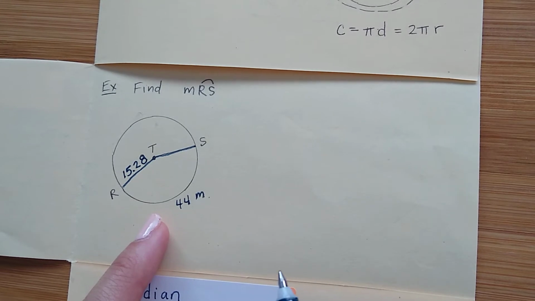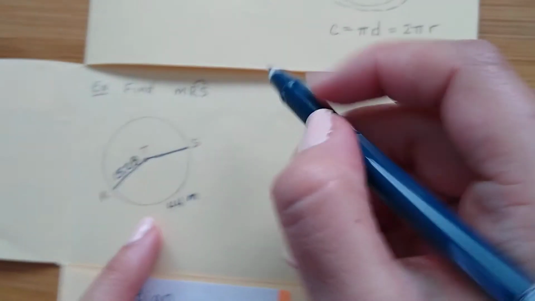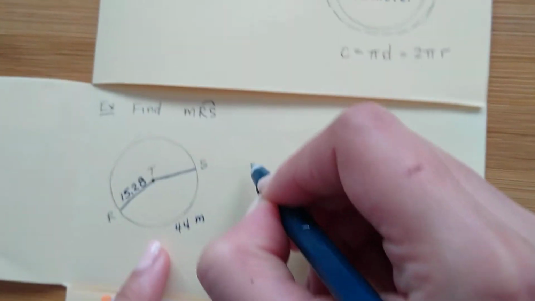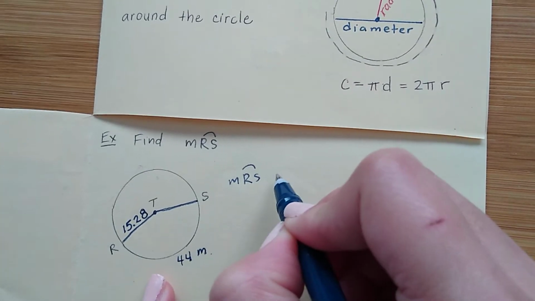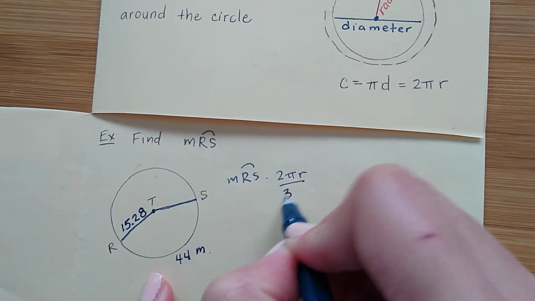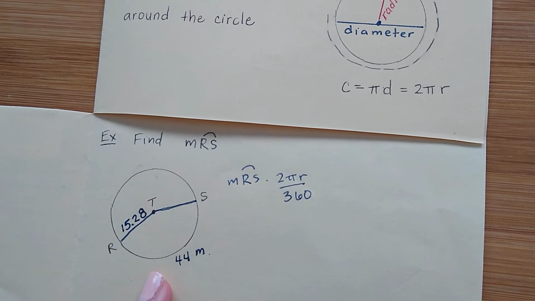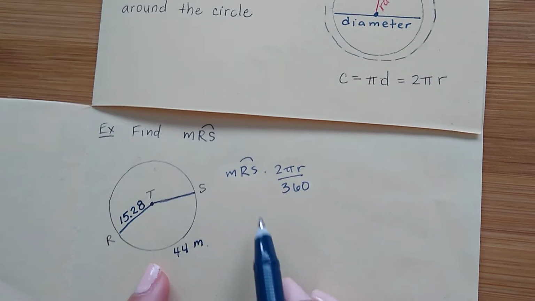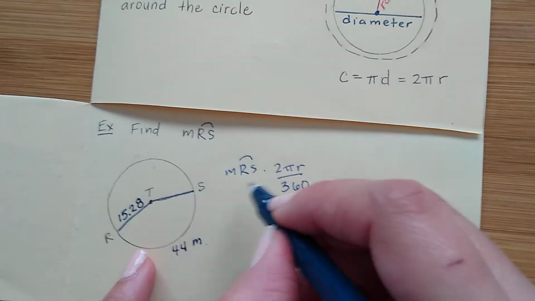So the measurement of RS times 2 pi r over 360. And then I'm going to plug everything in.